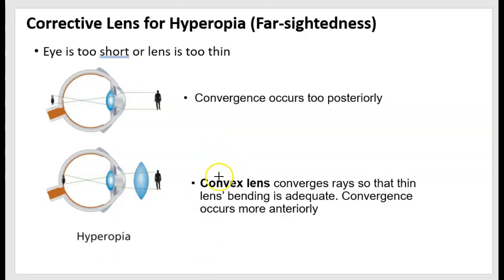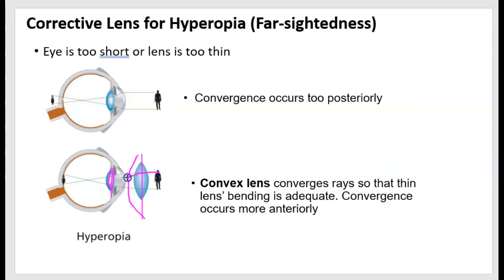So to fix this problem, a convex lens is put in front that helps the bending. So you have a near object coming in. This lens is too thin, the natural lens is too thin to bend enough. And so the extra lens helps.